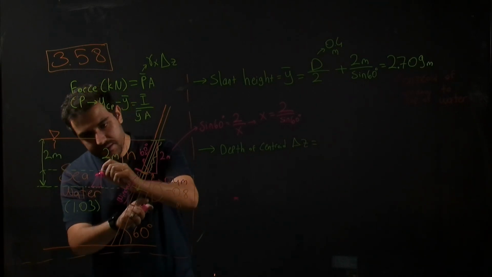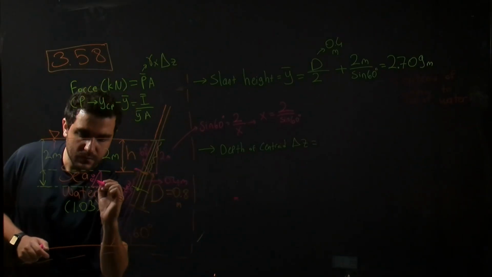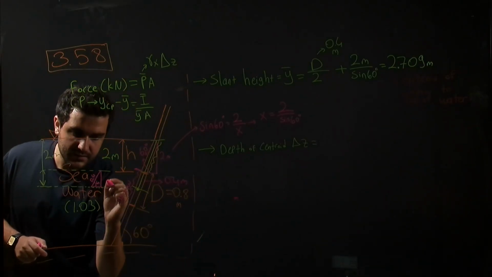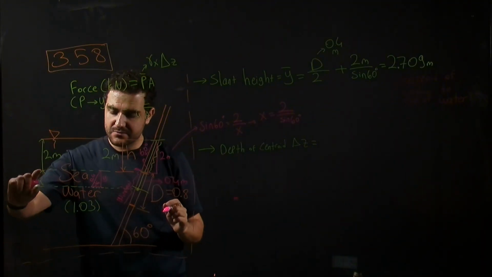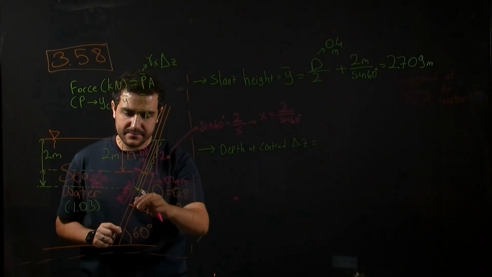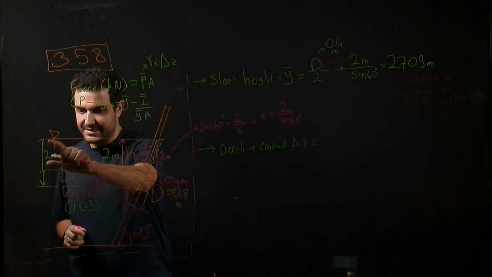We have 0.4, we have 60, and we need to find this, which will be this distance from the centroid. So it will give the remaining part of this depth.